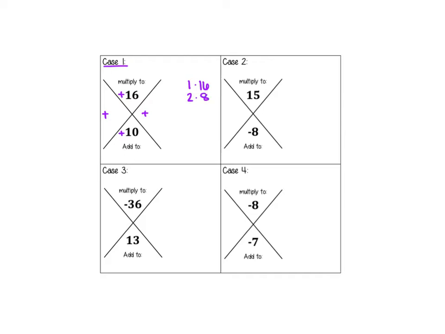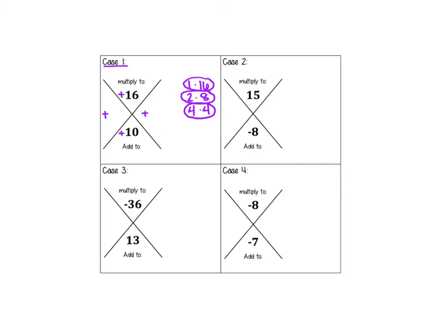2 times 8. 3 times, 16 divided by 3 is a decimal. 4 times 4, right? And then 5, 6, 7, 8 is the next one that works, but that's already on my list. So it has to be one of those 3 pairs of numbers. It has to be either 1 and 16, 2 and 8, or 4 and 4.